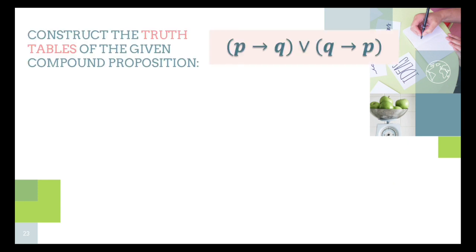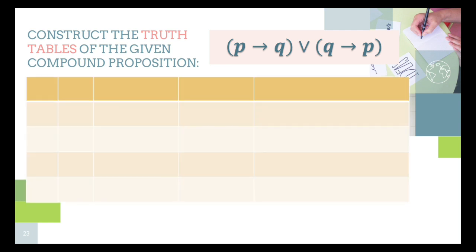Let's have this compound proposition: if P then Q, or if Q then P. In this case, we have two variables, P and Q. Then we have four possible combinations of their truth values.